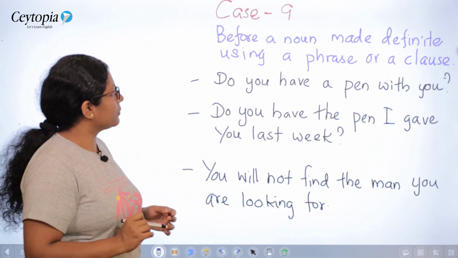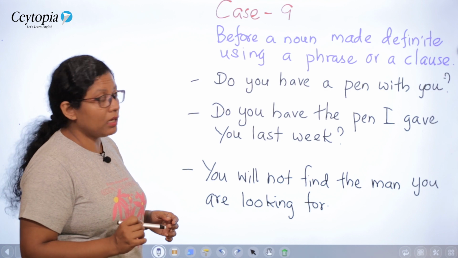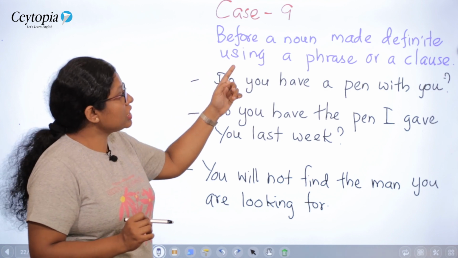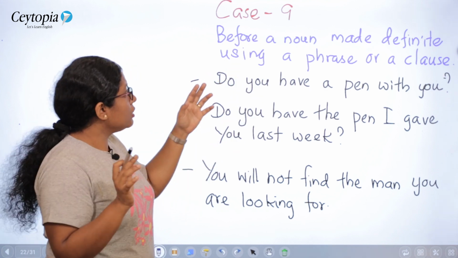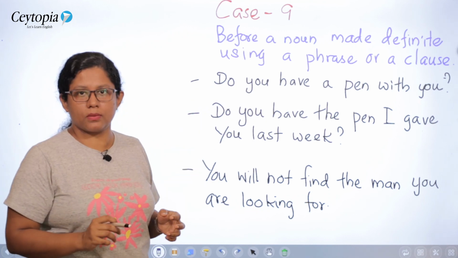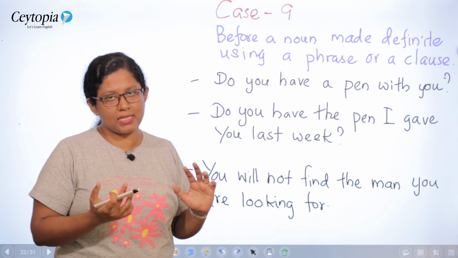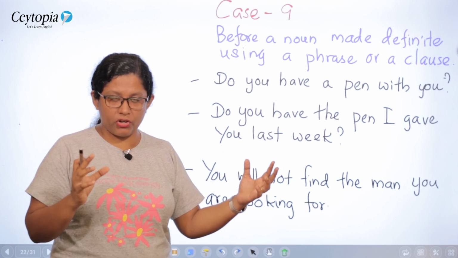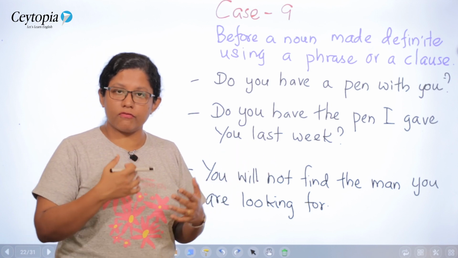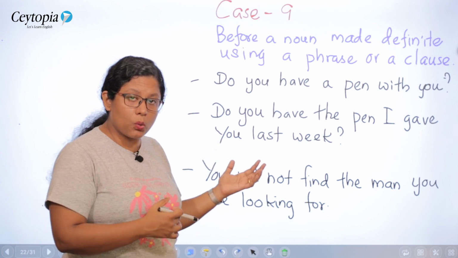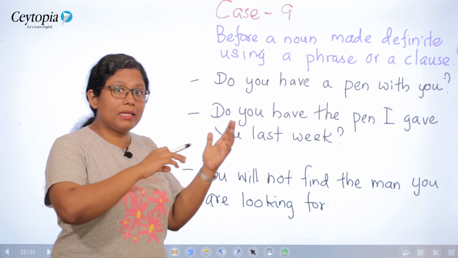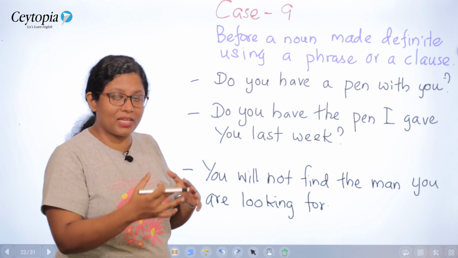Case number 9. We use the before a noun which is made definite using a phrase or a clause. What do you mean by phrase or a clause? A group of words in order to give further information about a particular noun. With that, the particular noun becomes specific.